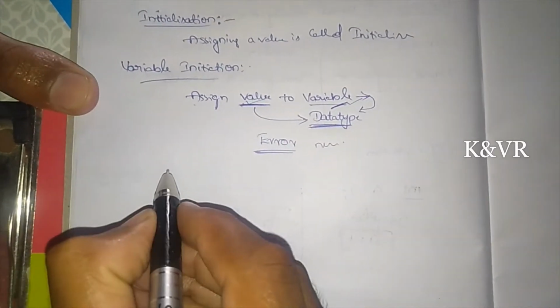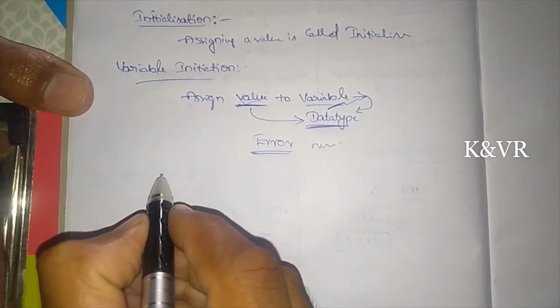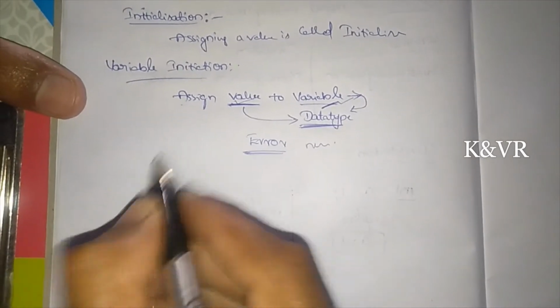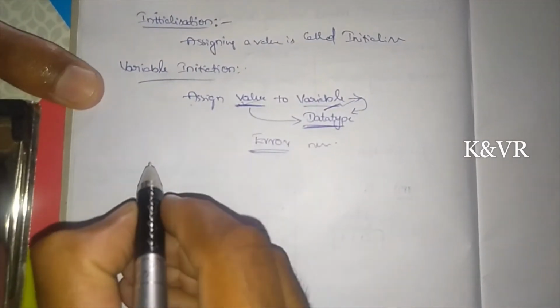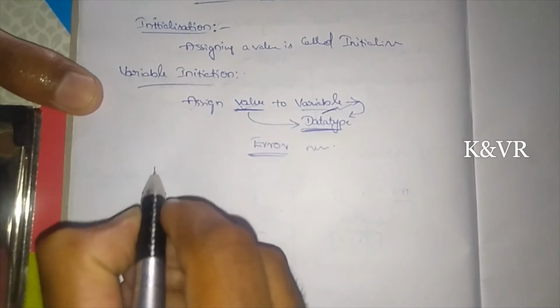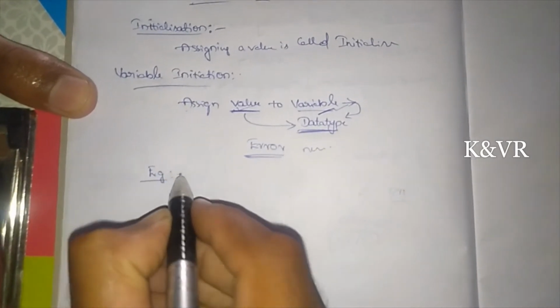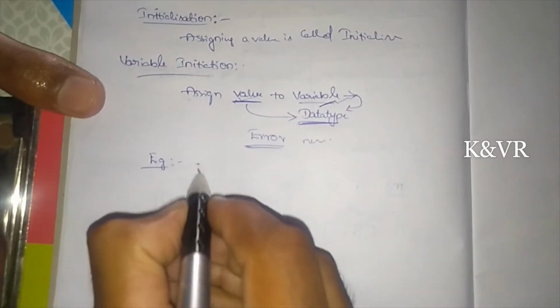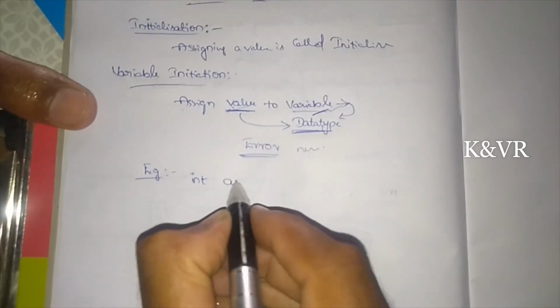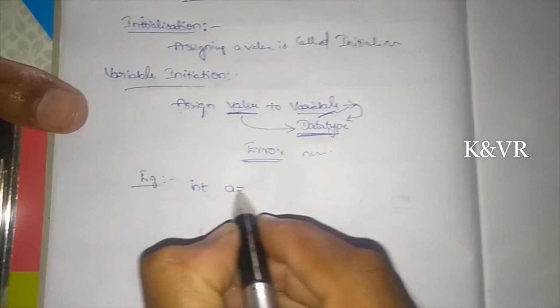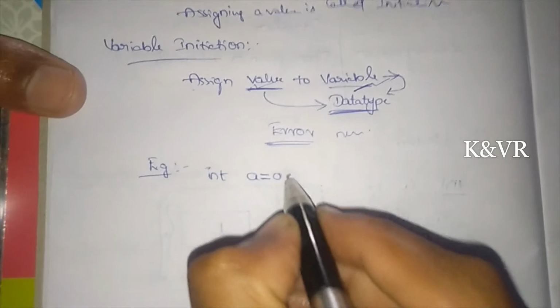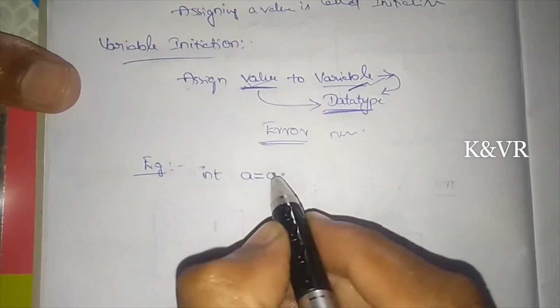We can initialize a value at the time of declaration, or we can initialize later in the program. I will write some lines of code. Here I am initializing while declaring the variable. Here I am initializing value 0.